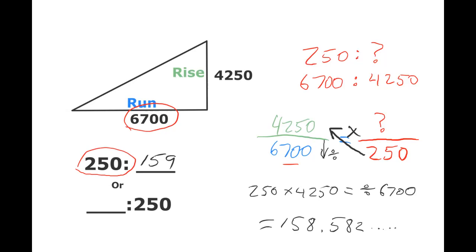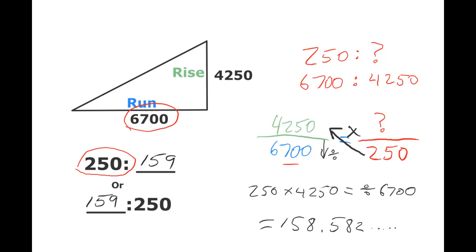This other direction is going to be the same answer. Now you can go and do it the other way, and you'll just discover that you end up with the exact same number. So if you do rise over run and you cross multiply and divide, it doesn't matter which side of the ratio the 250 is on. You're going to end up with the same number.